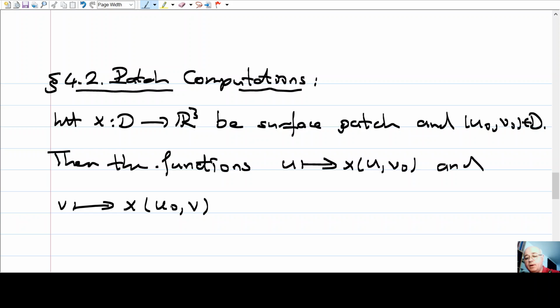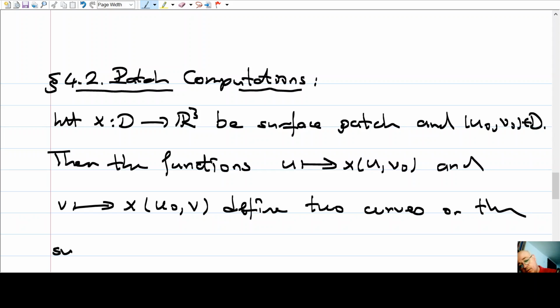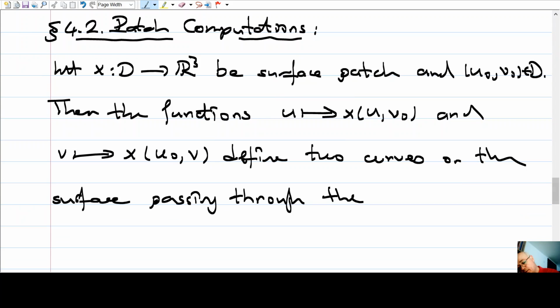So this time I keep u0 fixed and v as a parameter. So these two functions define two curves on the surface passing through the point X of u0, v0.